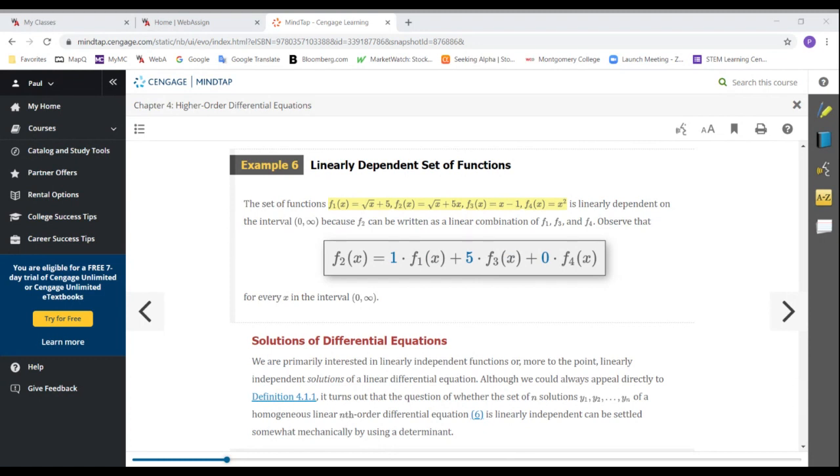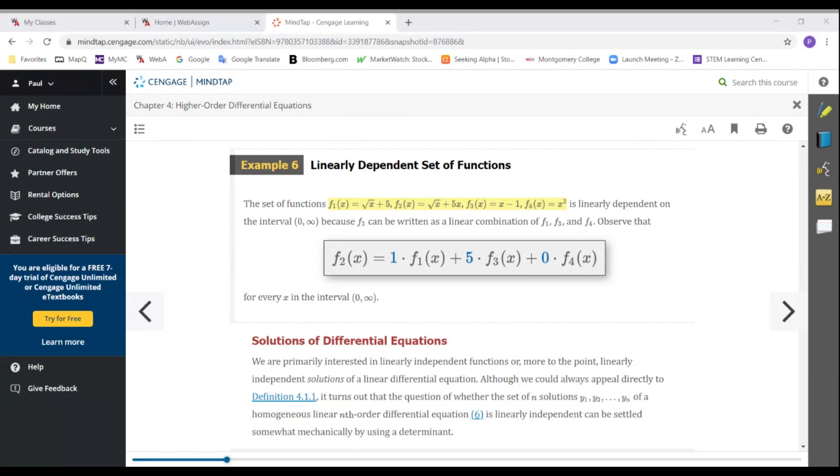They just didn't come up with 1, 5, and 0 right away. It's like a little puzzle, but it isn't too hard to see. If the functions are linearly dependent, it's not too hard to find the constants. So it takes a little time, but all right. Are there any questions so far?